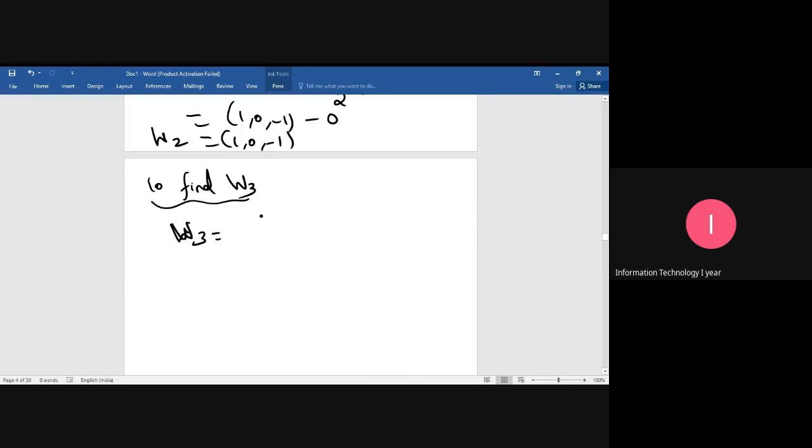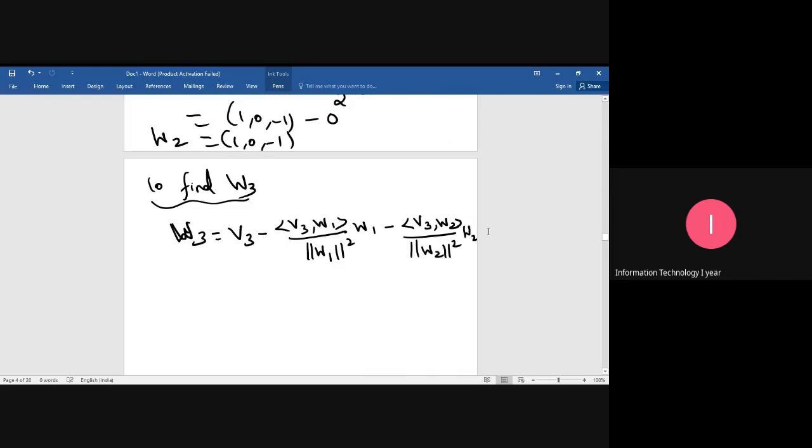The W3 formula says V3 minus inner product of V3 comma W1 by norm W1 square into W1 minus inner product of V3 comma W2 by norm W2 square into W2.